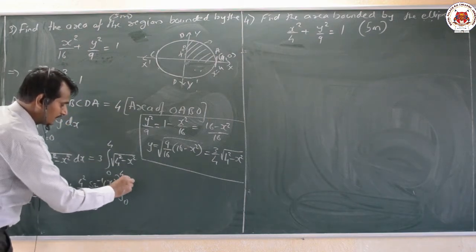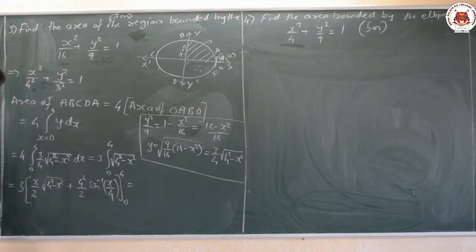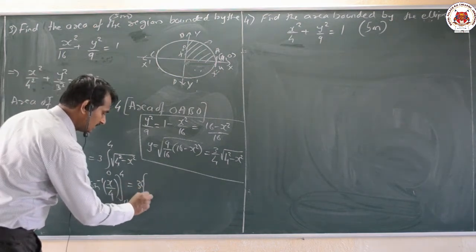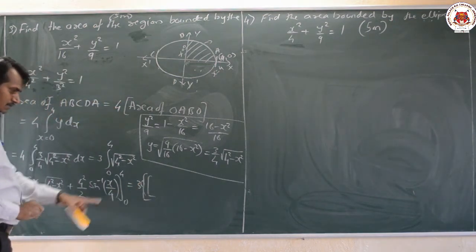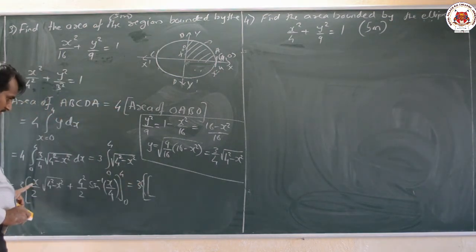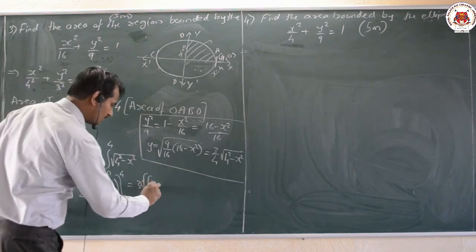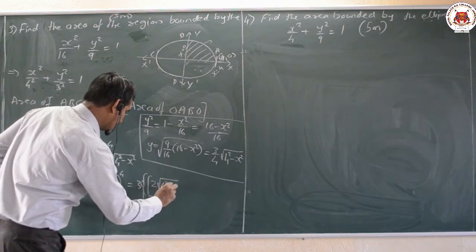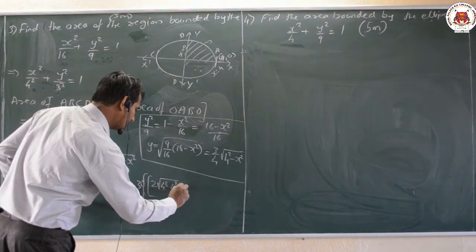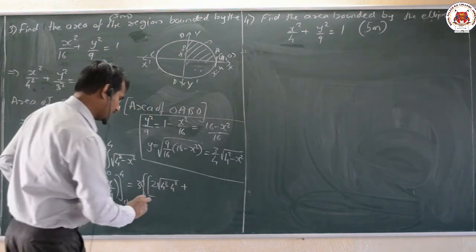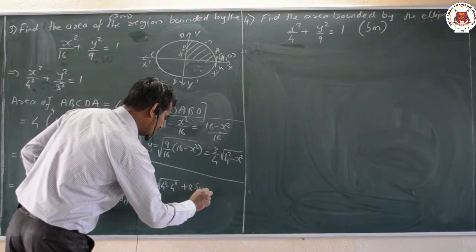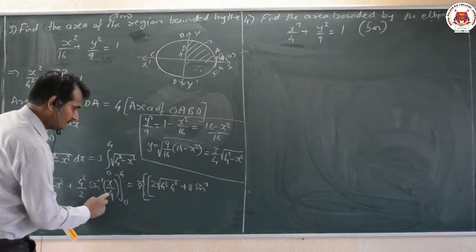Now I will substitute both the upper and lower limits. So we get 3 into, first of all, substitute the upper limit. Upper limit means 4 by 2, that is 2, then the root of 4 square minus 4 square is 0. Then plus 4 square means 16, 16 by 2 means 8, into sine inverse of 4 by 4, the value will be 1.